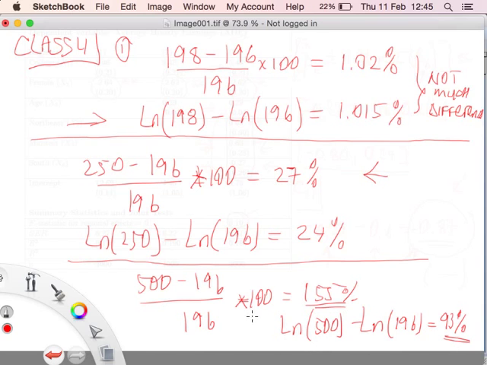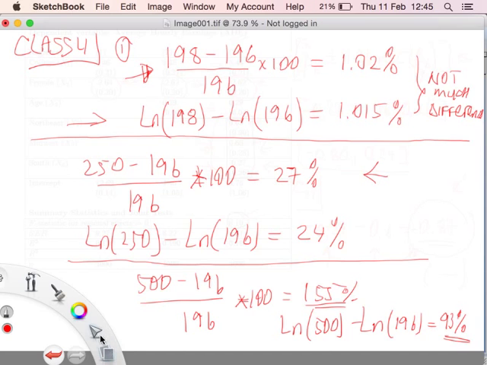So don't do log approximation when the observations are too far away from each other. Go with the usual calculation of growth. The first one is the actual growth rate calculation formula. This ln is an approximation, and it is a poor approximation for large differences.